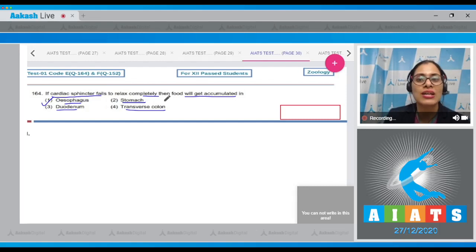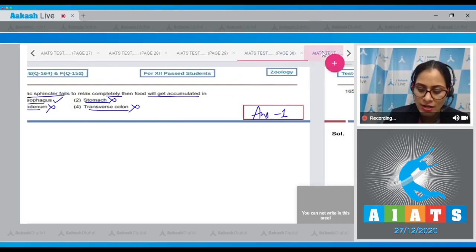It prevents regurgitation of food into the esophagus from stomach. Stomach is an incorrect option because pyloric sphincter guards the opening of stomach into duodenum. So option number 3 is also incorrect, and the last option, transverse colon, is also an incorrect option. And the correct answer to this question is option number 1. Let's proceed to the next question.